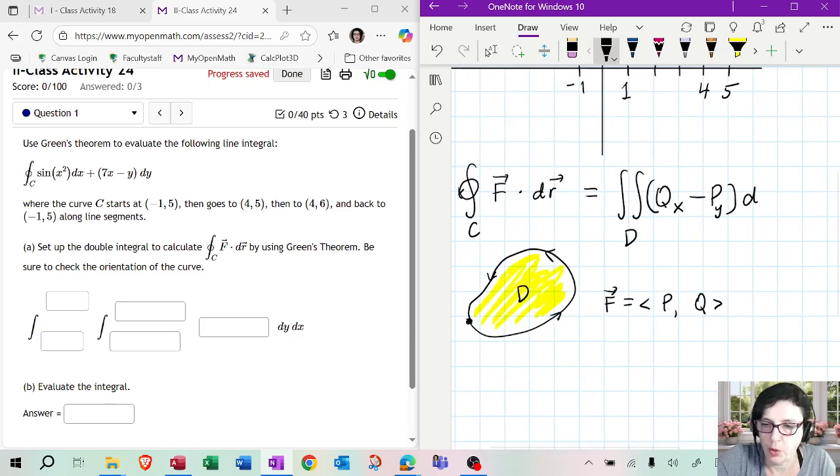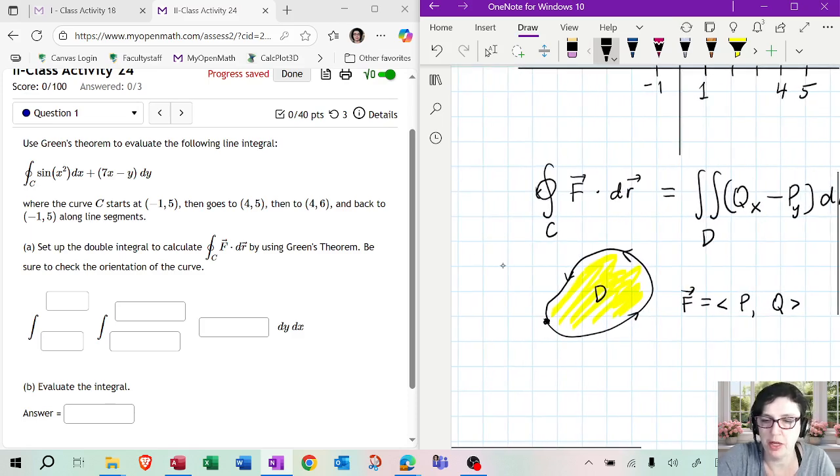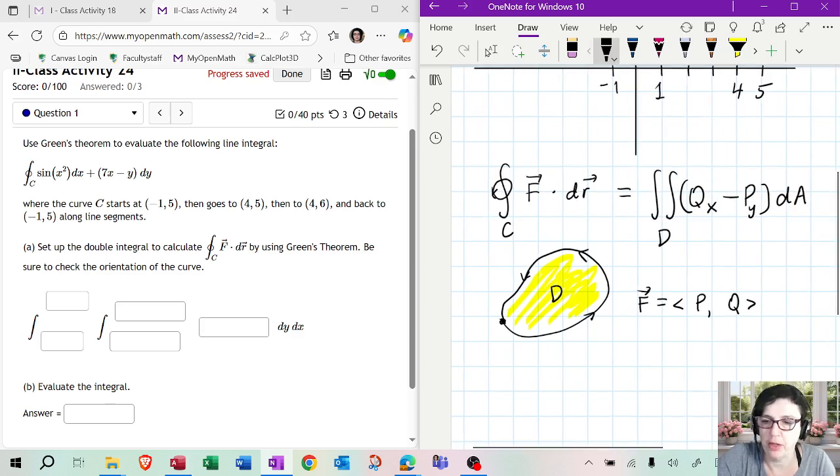Basically, this line integral is converted to a double integral. Now you may be wondering, why would I want to compute a double integral if I can compute a single integral? The problem is that it might actually be much more difficult to compute this line integral, and the double integral makes it very easy. So we'll look at an example.